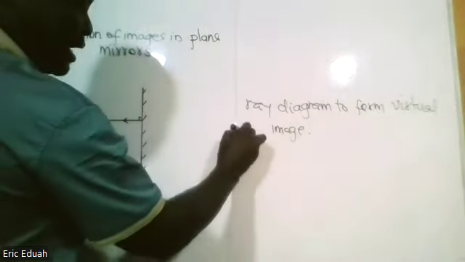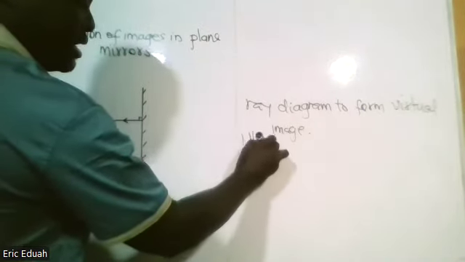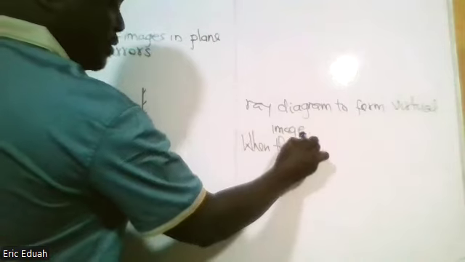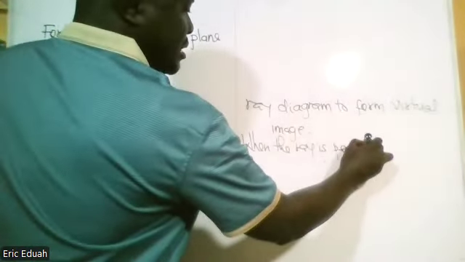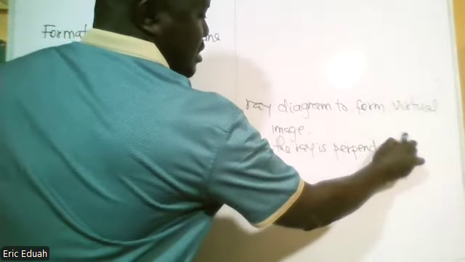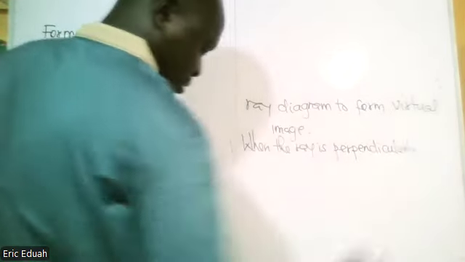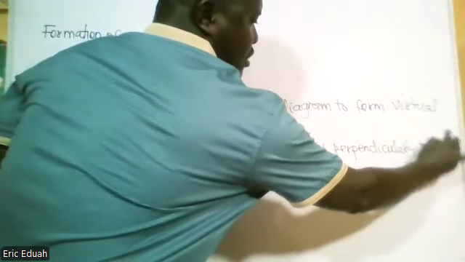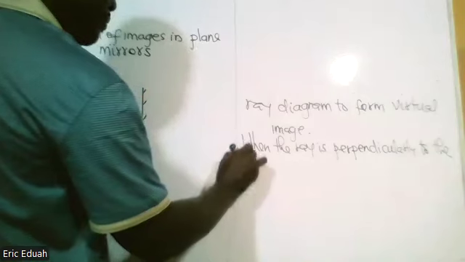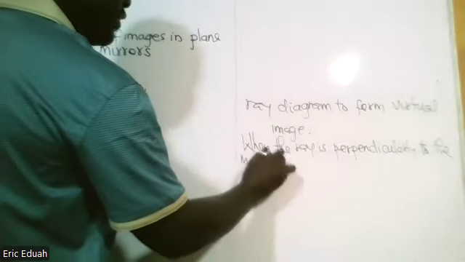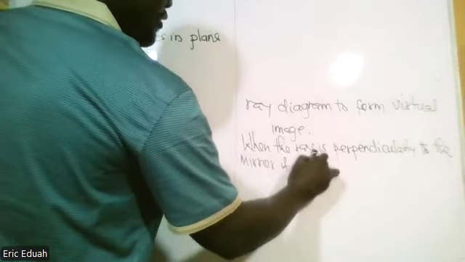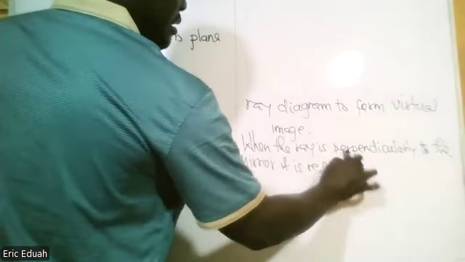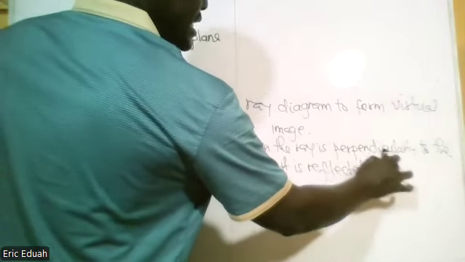So the first rule is that when the ray is perpendicular to the mirror, it is reflected along the same path.